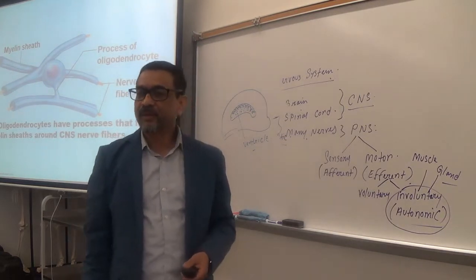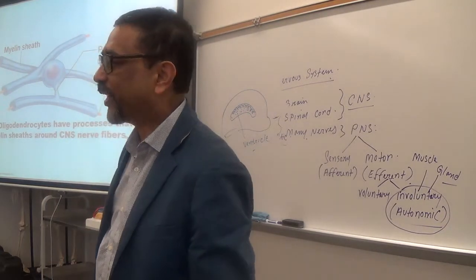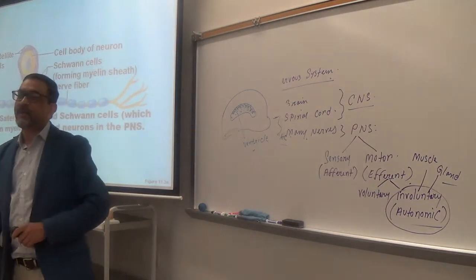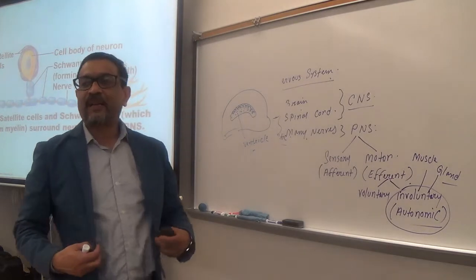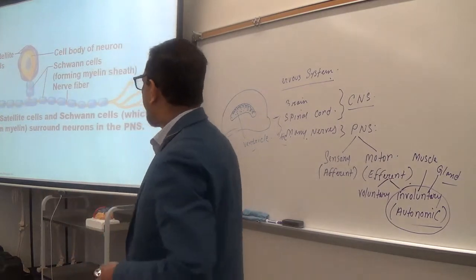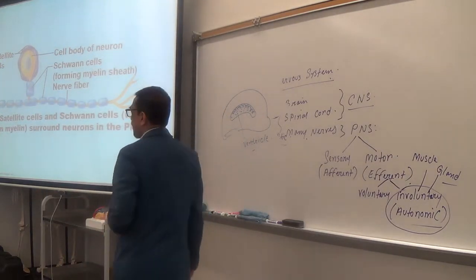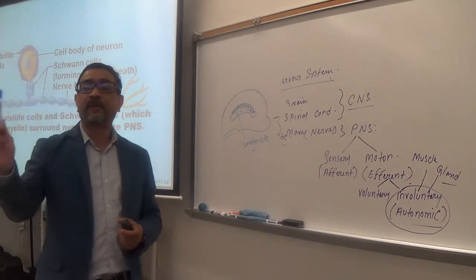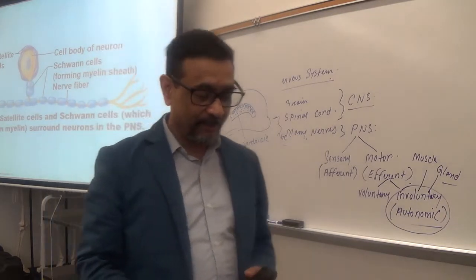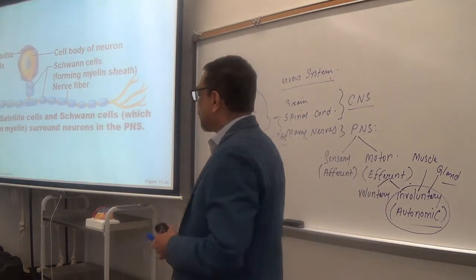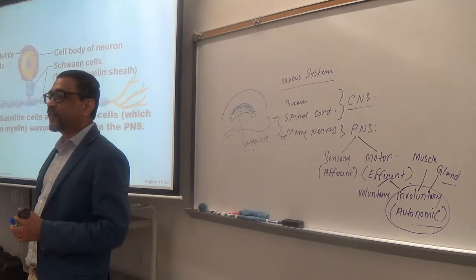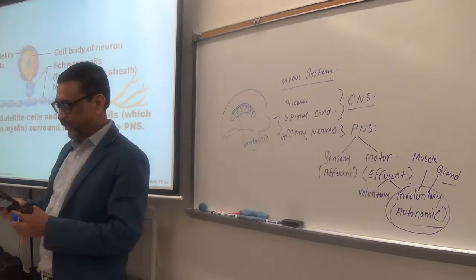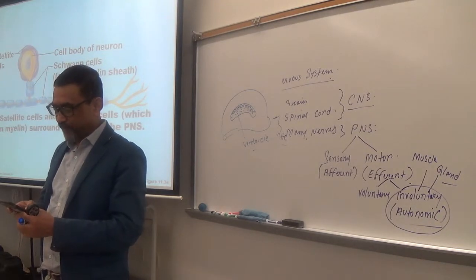In the central nervous system, that means brain and the spinal cord. And two other types of neuroglial cells, satellite cells and Schwann cells. These are also neuroglial cells and they form insulation in the peripheral nervous system. Remember that. I will ask. So, satellite and Schwann cells form insulation in the peripheral nervous system.